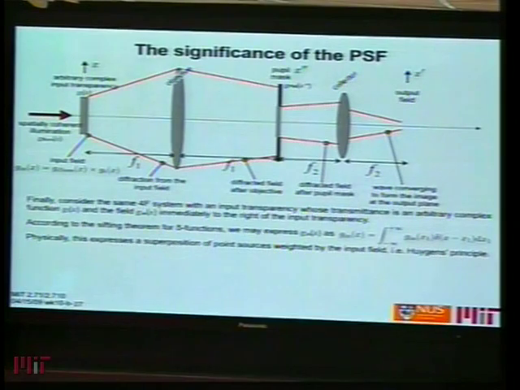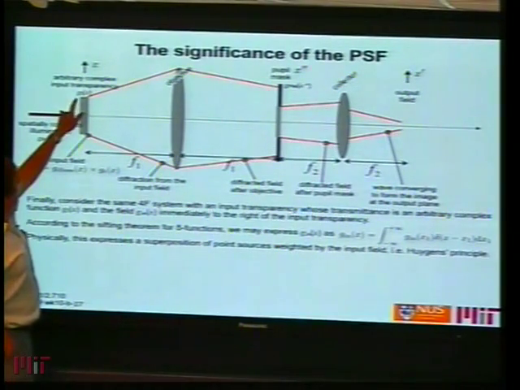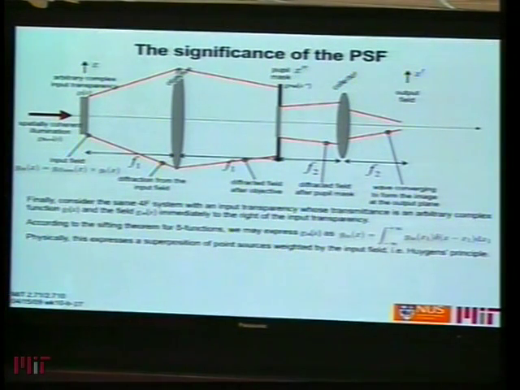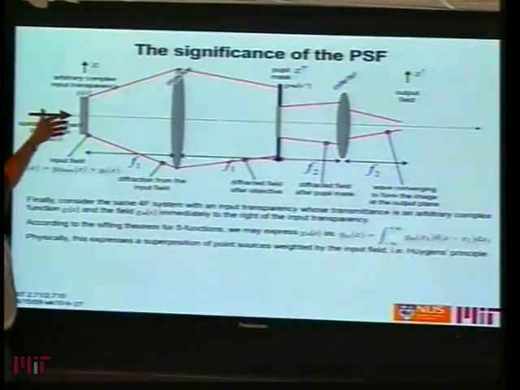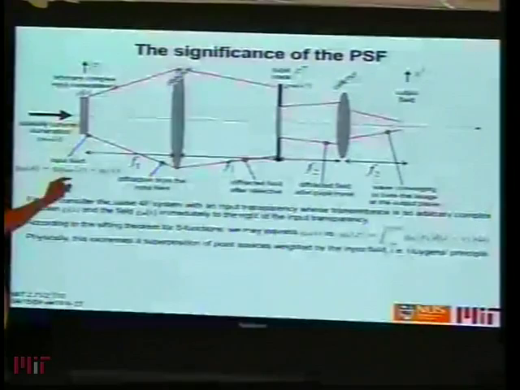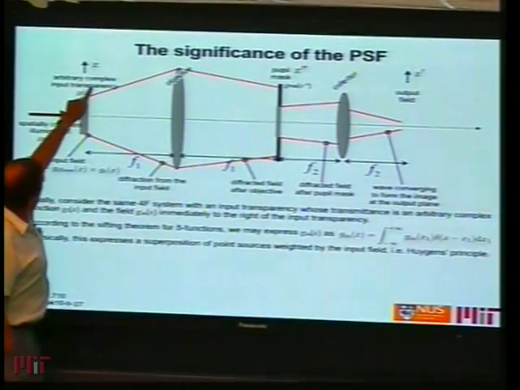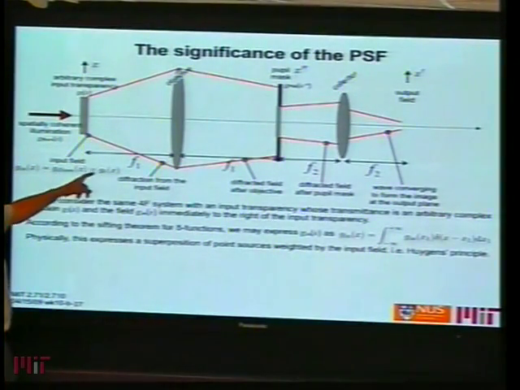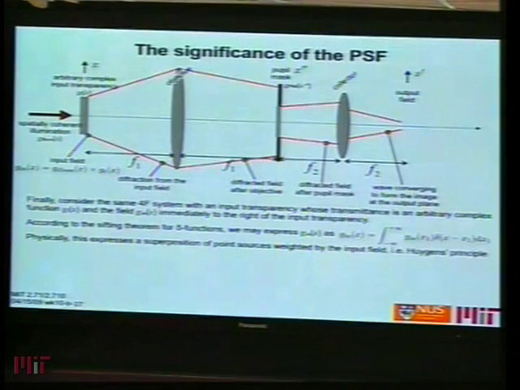Some arbitrary object, we can think of an arbitrary object, g of t, an arbitrary transparency, and you're illuminating that with some field. So what you get after the transparency is the product of those two. It's the g in that I really meant to talk about. The g in can be thought of as being made up of lots of delta functions.